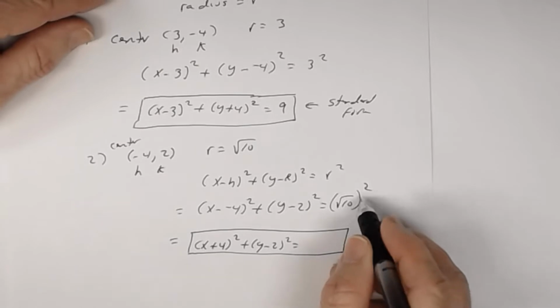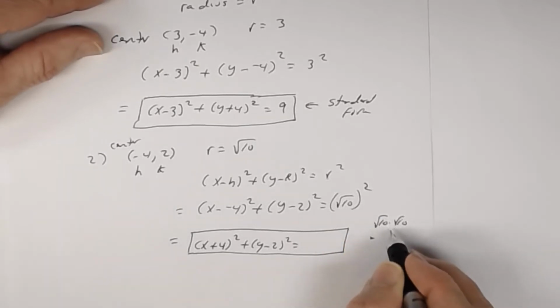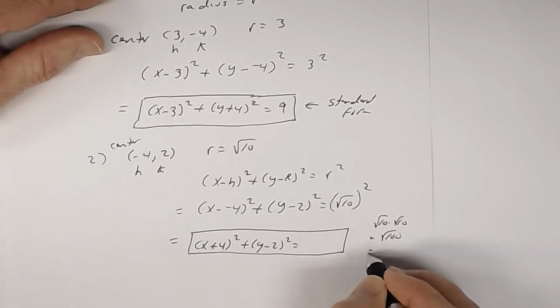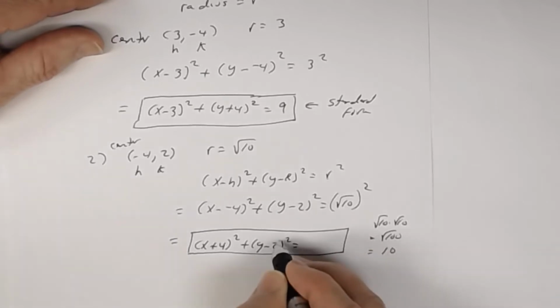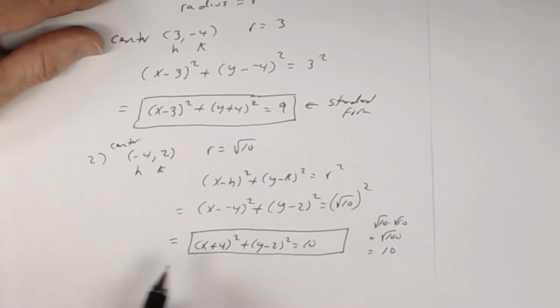The square root of 10 squared means the square root of 10 times itself, which is the square root of 100, and the square root of 100 is 10. So 10 goes here. And there's your answer. That's your standard form.